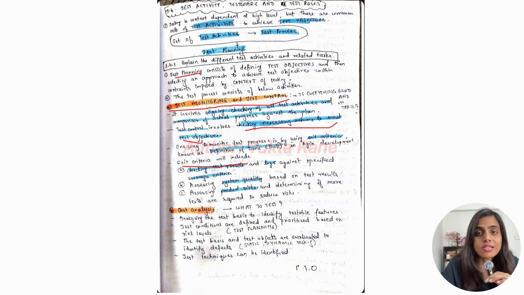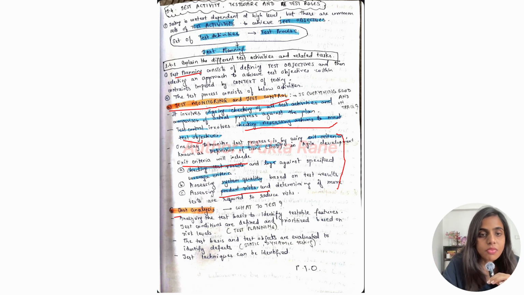You will also assess the system quality based on the test results, and the third one is you will assess product risks and determine if more tests are to be performed to reduce these risks. All of this will be evaluated based on test results. So this was the first activity, test monitoring and test control.